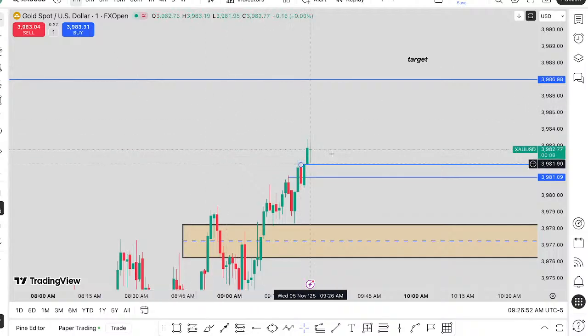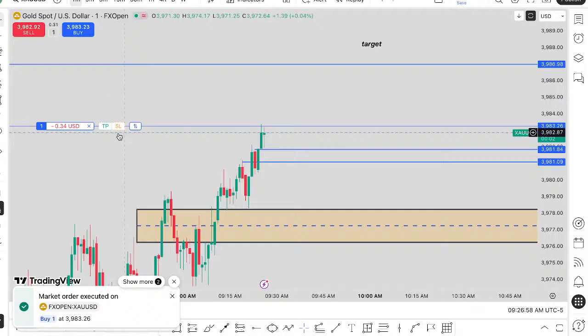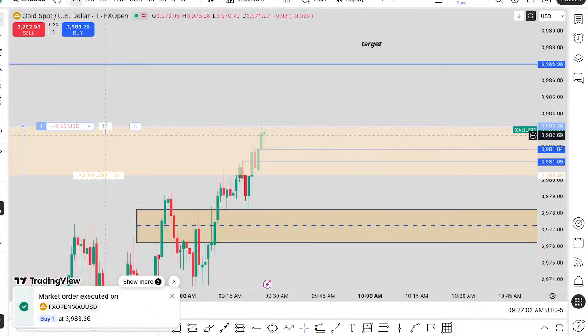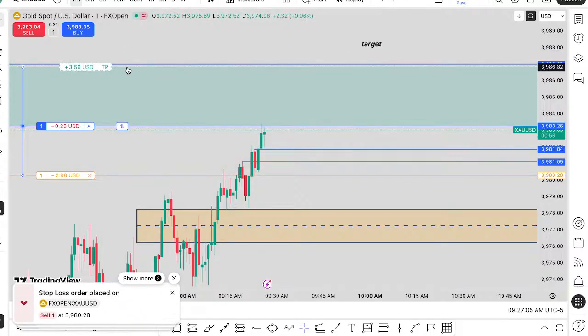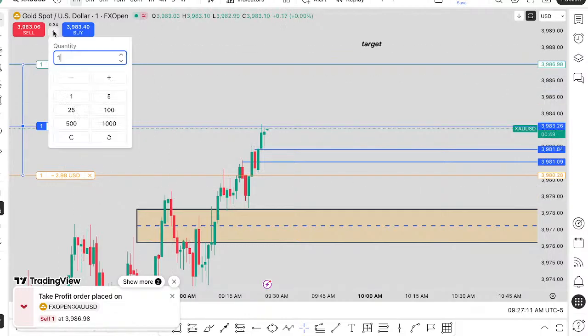So if I see this candle closing above, that can be a very good sign that they want to move. So we can keep our stop loss here, a very small stop loss, very big take profit. Now this is not to be fancy.